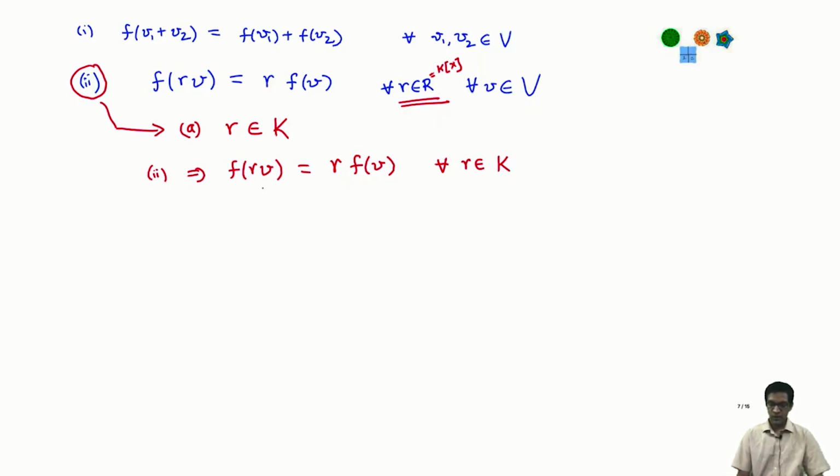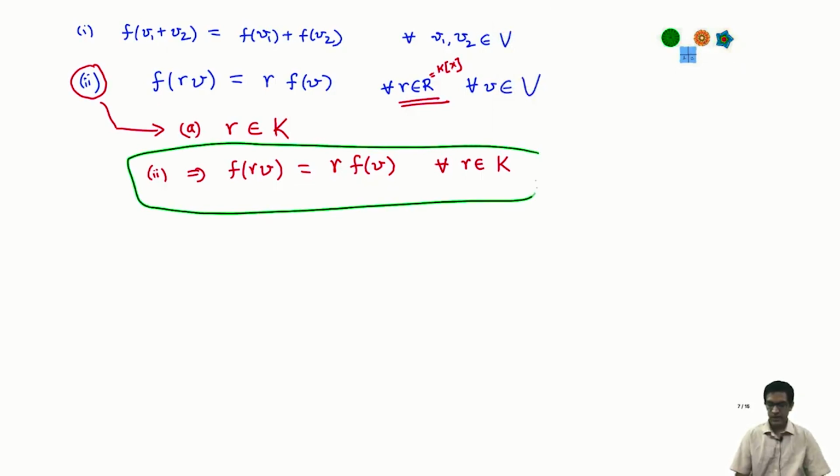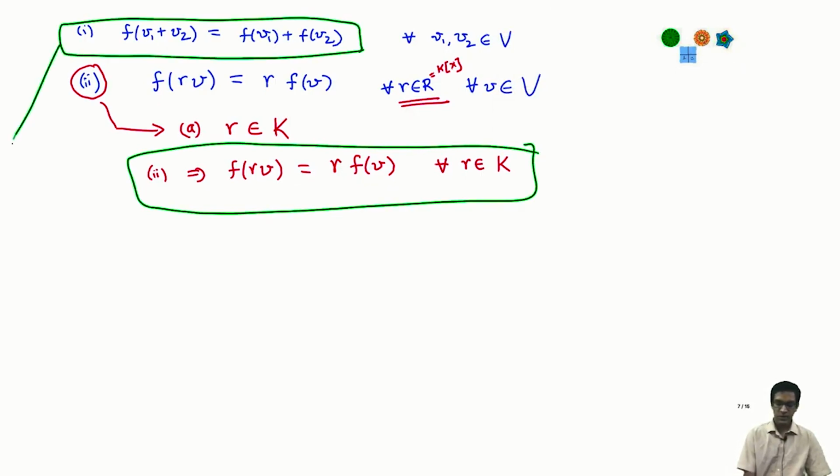Okay. Now what does this mean? This says that if I multiply v by a scalar from the field K, that scalar can be pulled out. Okay. Now let's analyze this property. So I have this together with the additivity, the first property. So now put these two together and let's stare hard at it. What does it tell us about f?